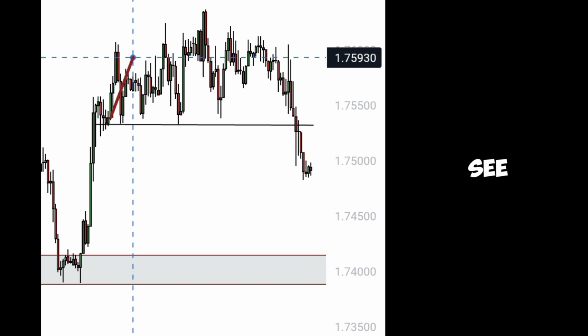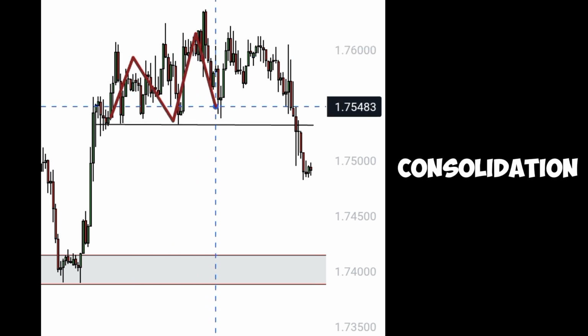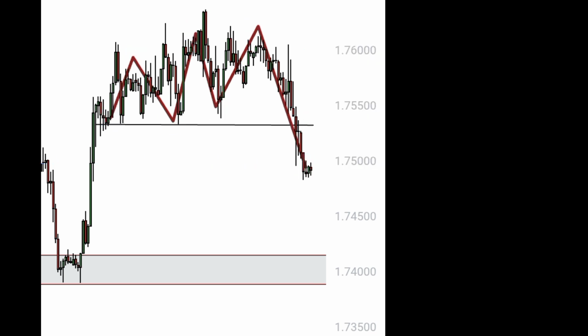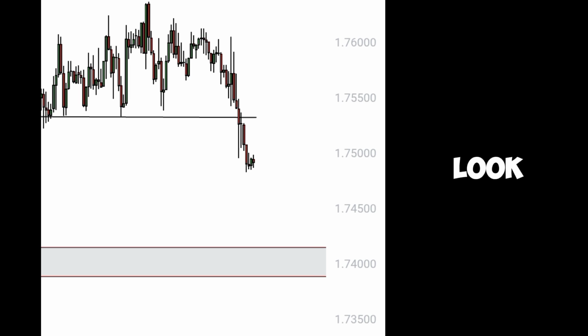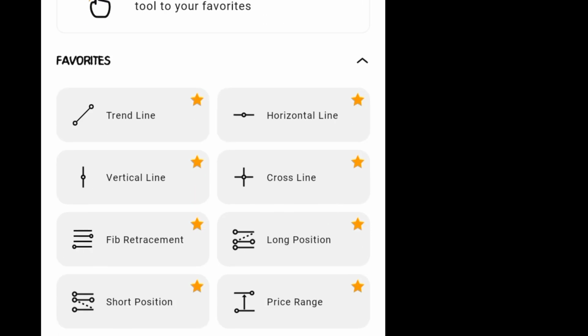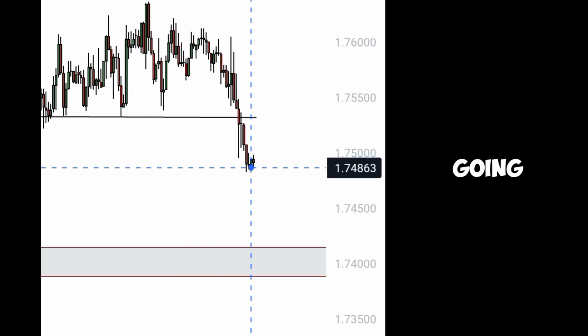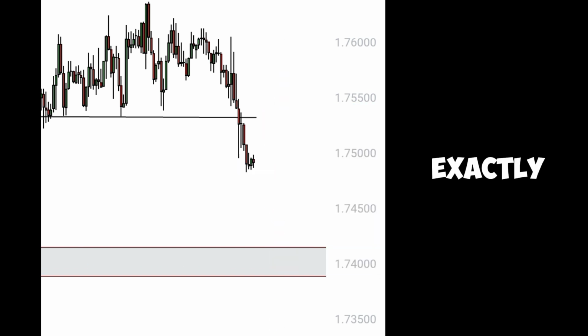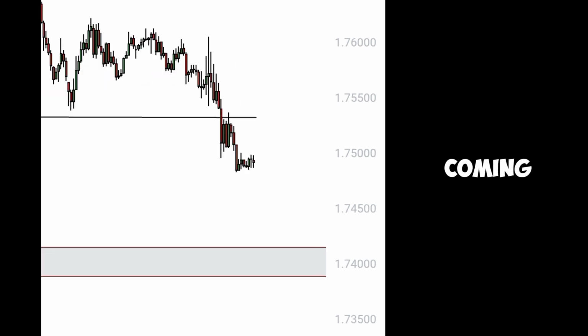We see a lot of consolidation, and then there was a breakout from that point. Now that there's a breakout, we want to look for the market pushing downwards, going up right here, and then pushing downwards somewhere around there. So where exactly will this market push into before coming downwards?